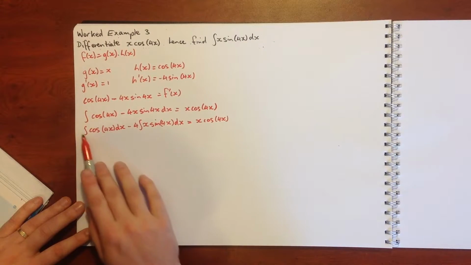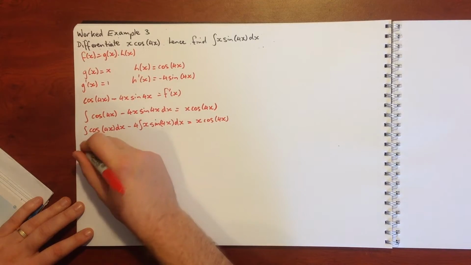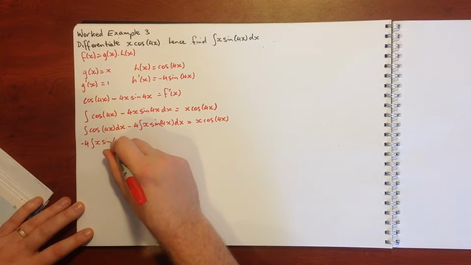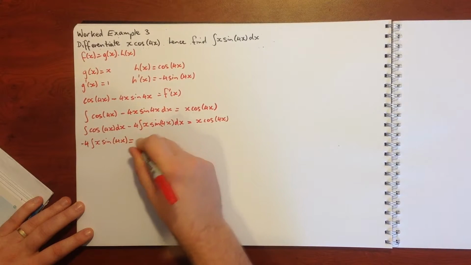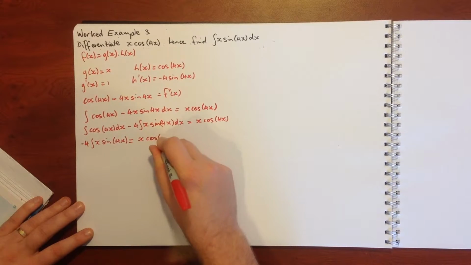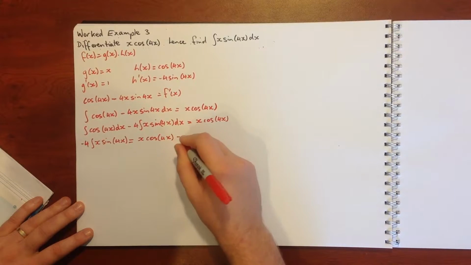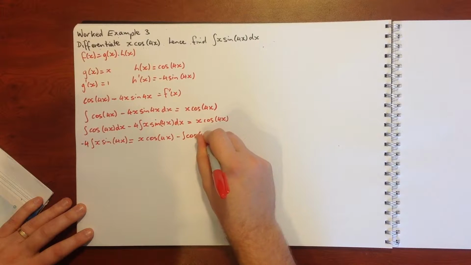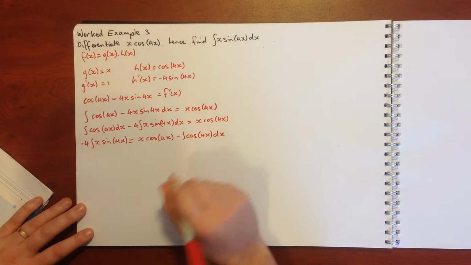We can take the integral of cos of 4x across. So we've got minus 4 outside of the integral of x sine of 4x, and that's going to equal x cos of 4x minus the integral of cos of 4x dx.